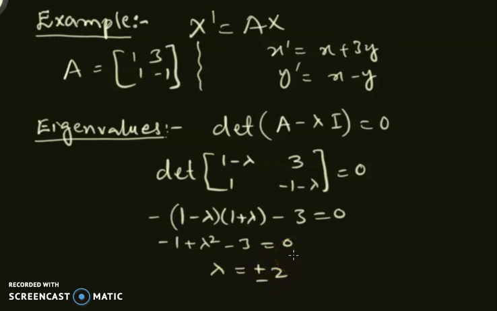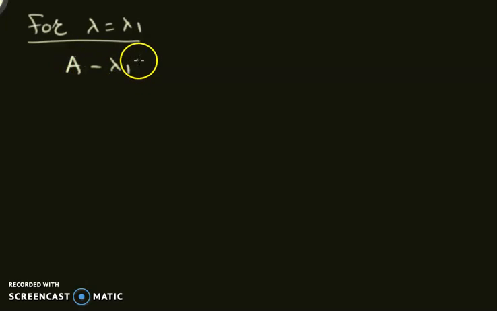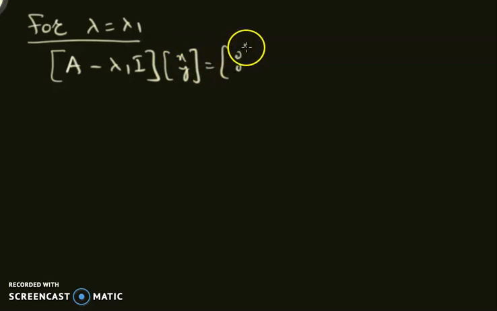So now let's find eigenvectors for lambda equal to lambda 1. For the eigenvector, we solve the system (A minus lambda 1 I) operating on an arbitrary vector (x, y) equal to (0, 0).